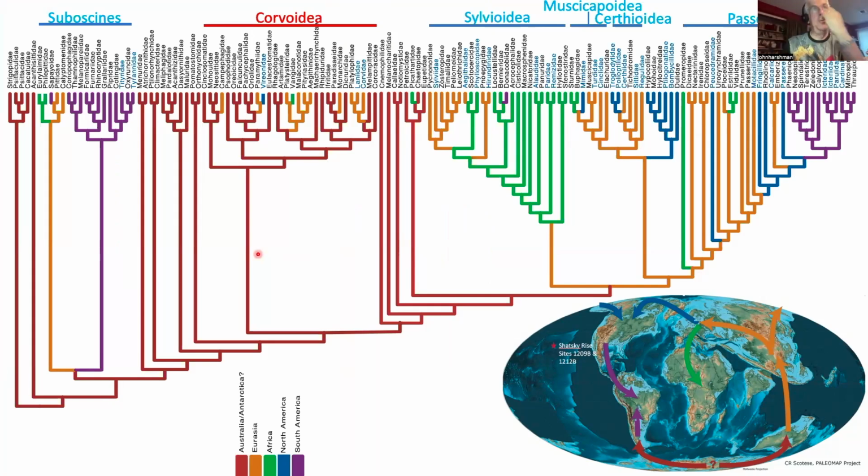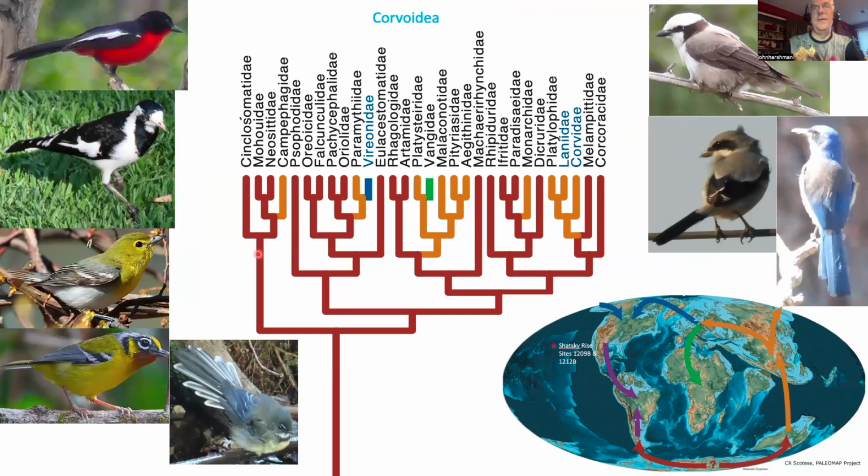Here's a big superfamily, Corvoidea. As you can see, most of the corvoids are still in Australia, but a few have made it out, some of them just a little ways, some of them a bit farther. The vireos have made it to Asia and out to America. Right.